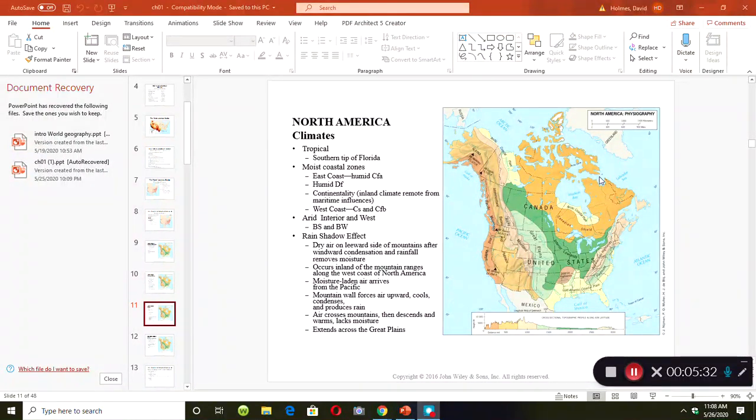So there is one thing I'd like you to know, though, about rain shadow. Remember I talked about rain shadow? What is rain shadow? It is when the cold air rises, and as it rises, it condenses. It squeezes out the moisture on one side of the mountain, and then it falls over the other side of the mountain, and it comes down as the air falls. It warms up and becomes kind of a hot, dry wind.